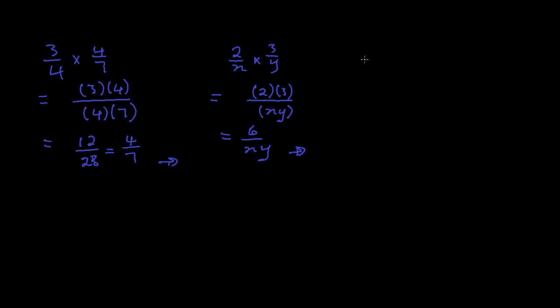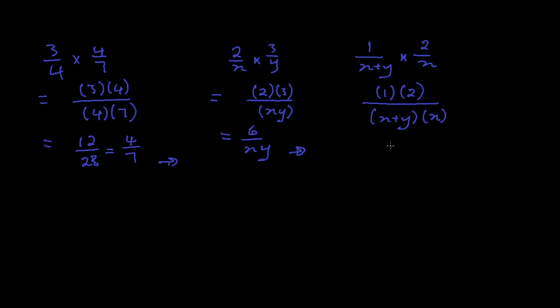Let me do a third example to make sure that you're still with me. Let's use 1 over x plus y and multiply it by 2 over x. So how are we going to simplify this? Same thing, you're going to draw the long division line, then multiply the numerators, the 1 and the 2, then you're also going to multiply the denominators, x plus y multiplied by your x.